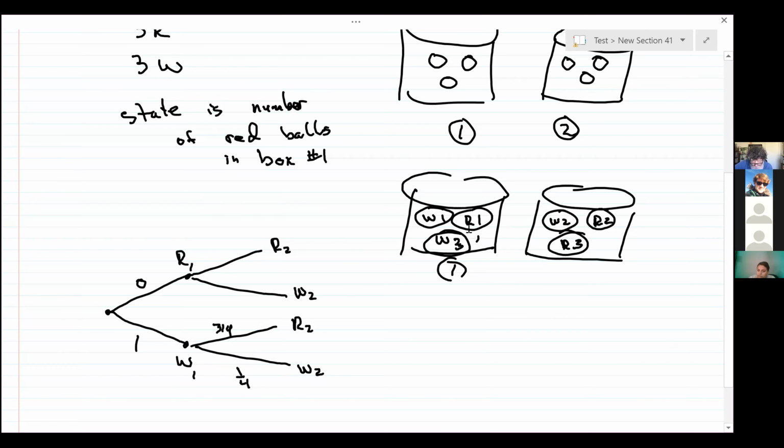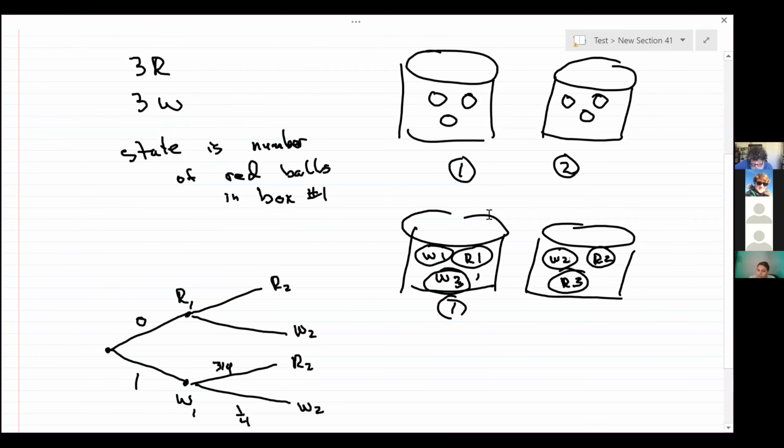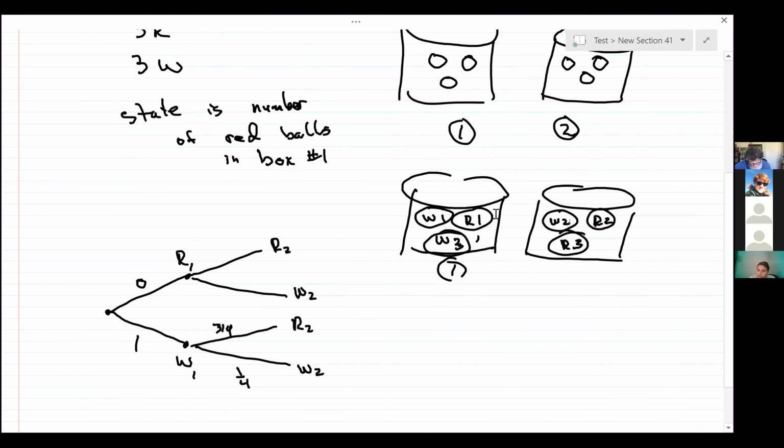Okay, so I'm assuming that I have 1 red ball in container 1. I'm going to go through the same process. I'm going to pick something from here, put it into here, then randomly pick something from here and throw it back into here.